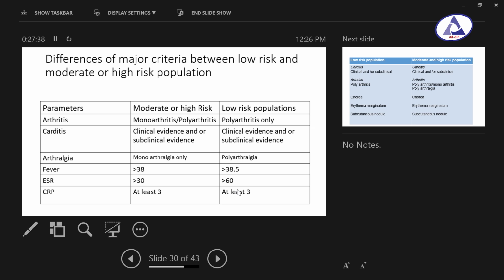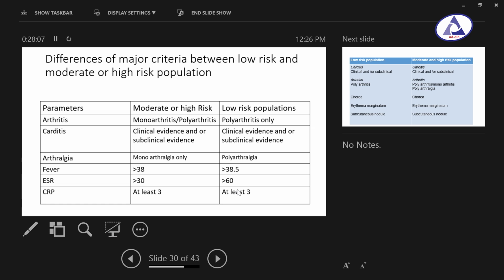Fever more than 38 degrees Celsius is significant in high risk population, and in low risk population more than 38.5 degrees Celsius. ESR more than 30 is significant in low risk population, and ESR more than 60 in high risk population. CRP is the same.